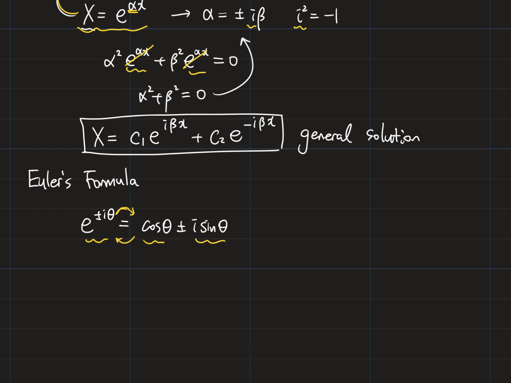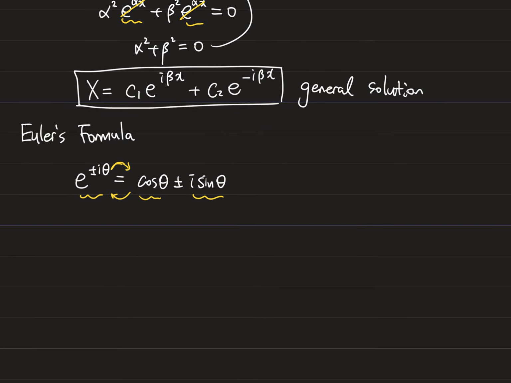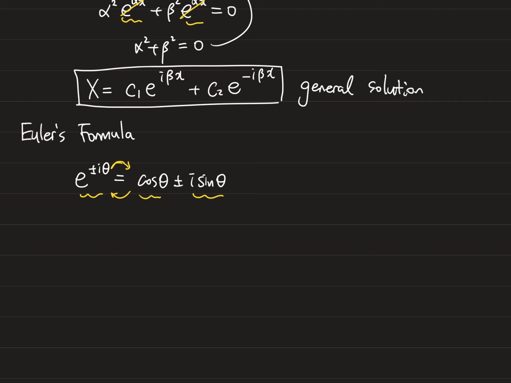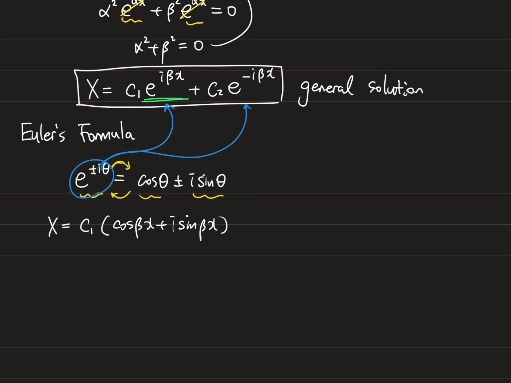So applying this formula to our solution, we have exponential functions for this and this. The first exponential function should be expanded like this, cosine beta x plus i sine beta x, and the second is cosine beta x minus i sine beta x.